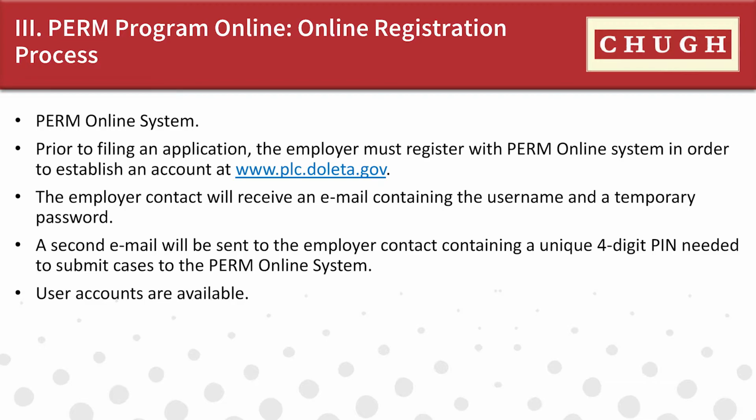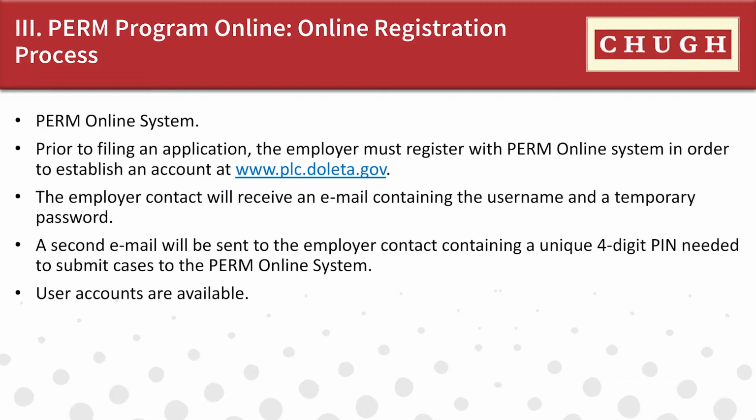Prior to filing an application, the employer must register with the PERM online system in order to establish an account. Once the business information is verified, the employer contact is sent an email containing the username and a temporary password. Use the temporary password to log into the PERM online system. A second email will be sent to the employer contact with a unique 4-digit PIN number needed to submit the case to the PERM online system. In addition, employers can create and manage user accounts for its agents, attorneys, or other employees.